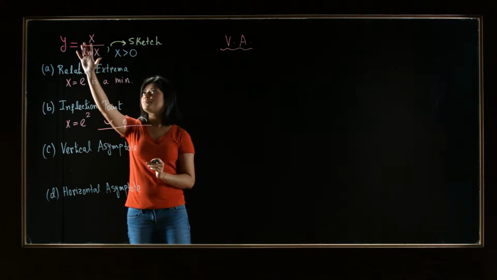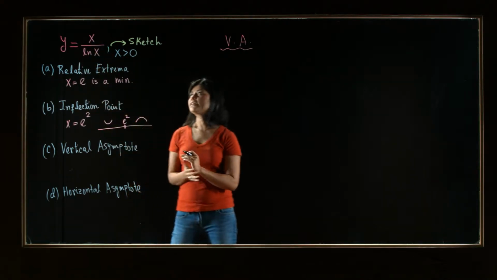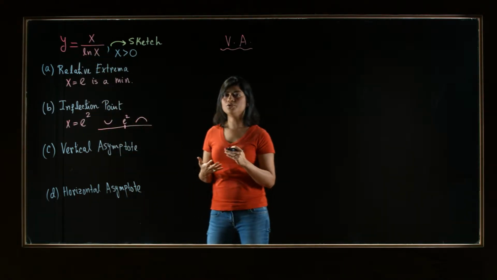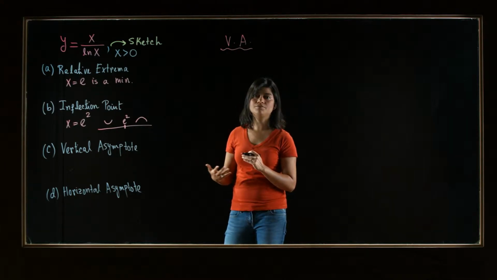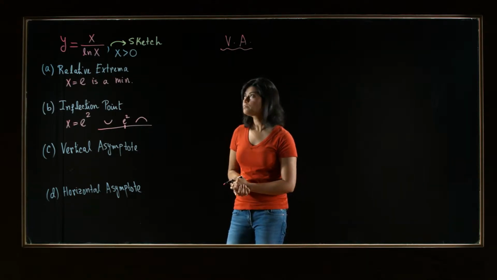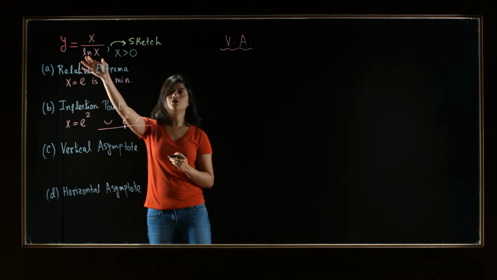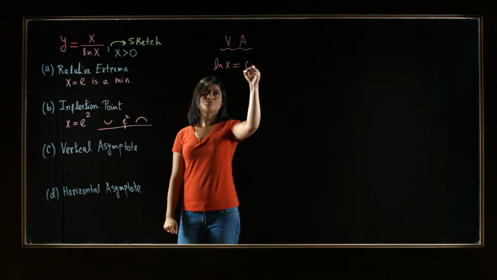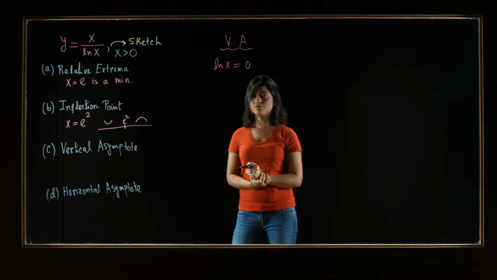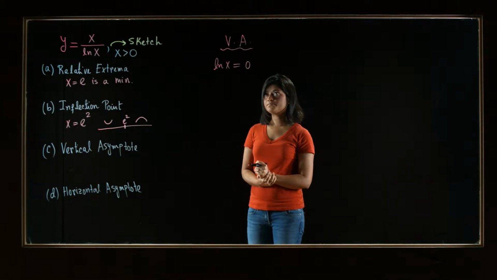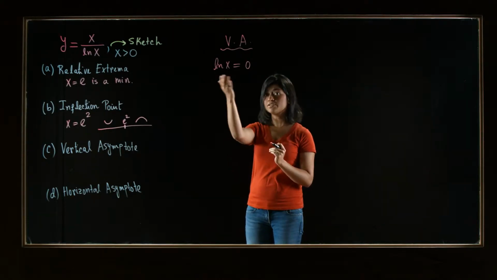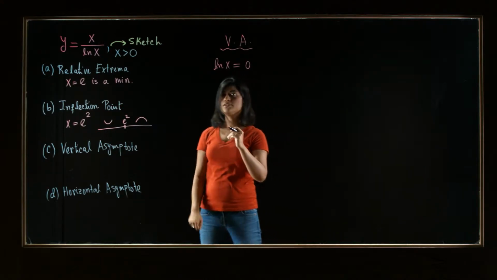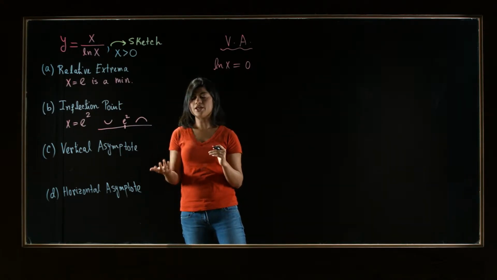Look at the function expression, x over natural log of x. You know that a vertical asymptote happens when the denominator of the function is 0. So the denominator is natural log of x. So the question is, is there any place where natural log of x is 0? And yes, there is. We can solve this equation using the property of exponent and natural log.